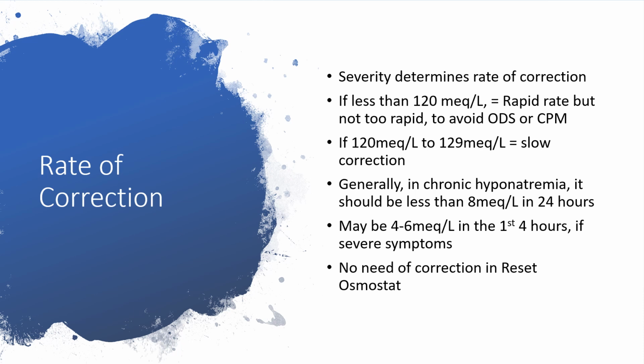Maybe you can do between 4 to 6 milliequivalent per liter in the first 4 hours if you are dealing with severe symptoms. And for the remaining 20 hours, you can go above 4 to 6 milliequivalent per liter.